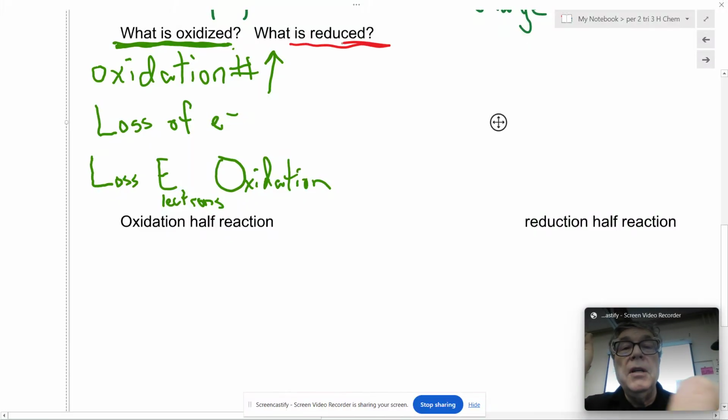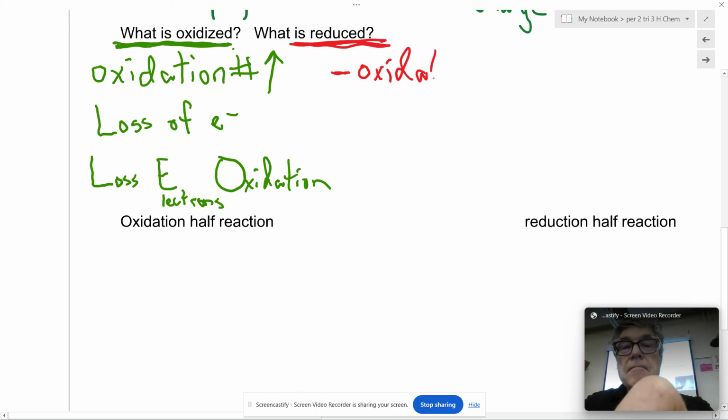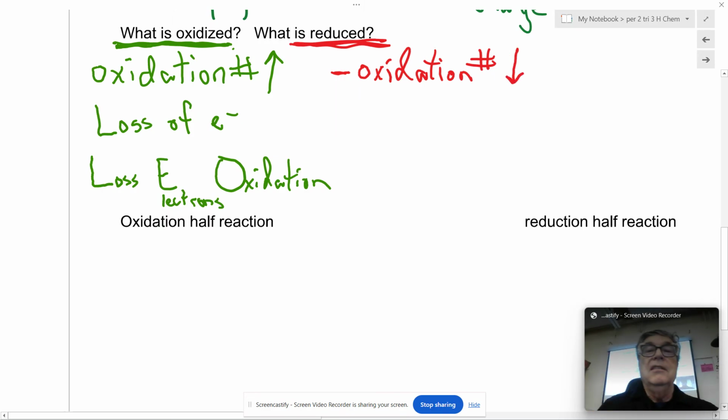So what is reduced? Well, reduced is when the oxidation number goes down. That even sounds like reduction. So that's like if you had an oxidation number that was +4 on the reactant side and it changed to +2, that means the oxidation number went down.